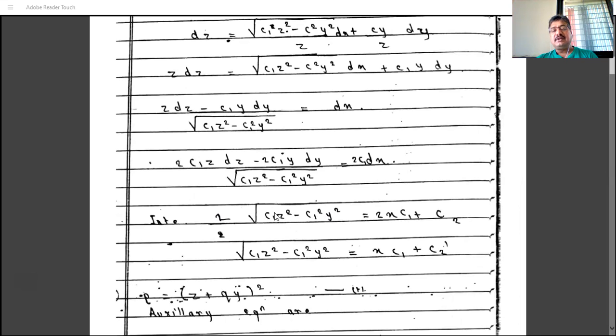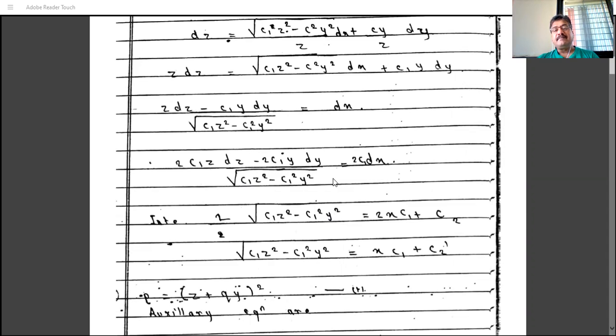The derivative of this quantity is what? It is c1, and the derivative of z square is 2z dz. So that is 2 c1 z dz. And the derivative of the next term is minus c1 square, which is constant, times 2y dy.